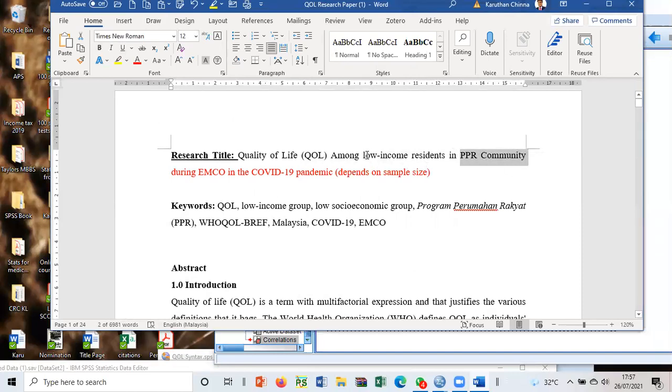Money comes in, where they live, the PPR community, and what kind of condition they have. So you're putting these two together, and that could be a reason why the QoL is low, if it is low.